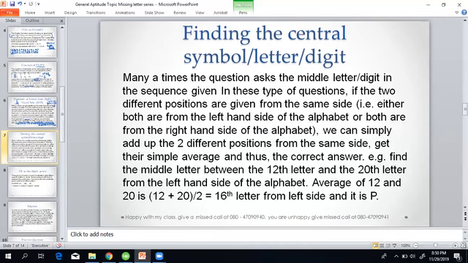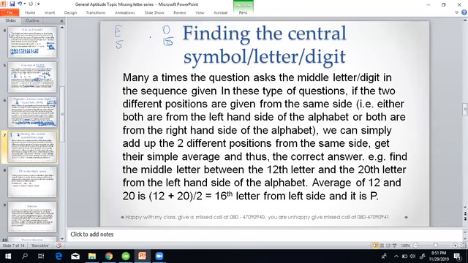We simply add up the two positions from the same side and take their simple average to get the answer. For example, the position of E is 5 and O is 15, and we have to find the middle letter between them.